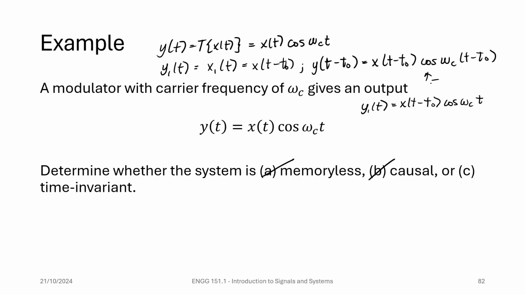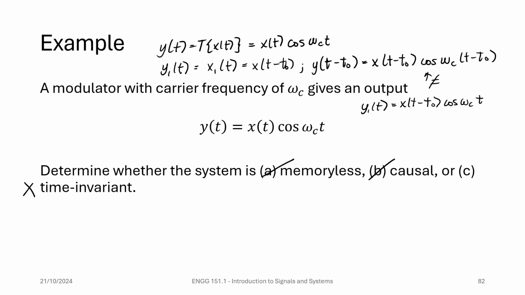Since they are not equal, this is time variant. I hope it's clear: when the shifted output does not match the original output, it is not time invariant.